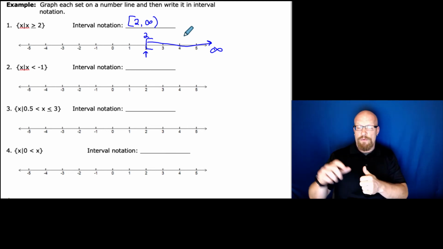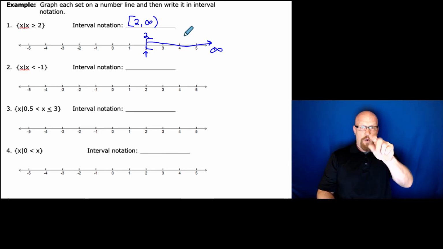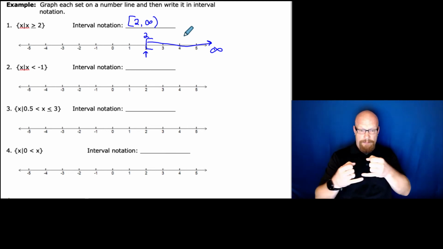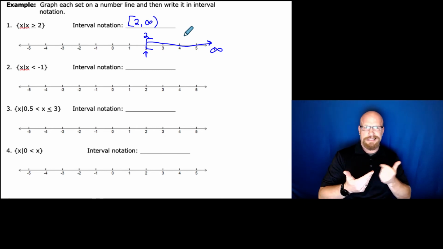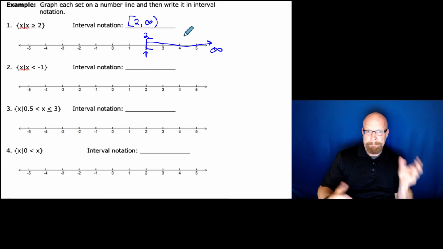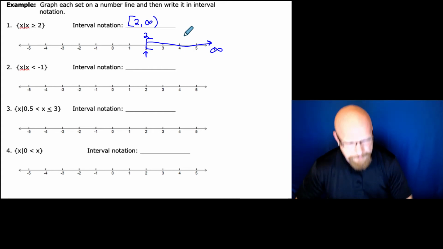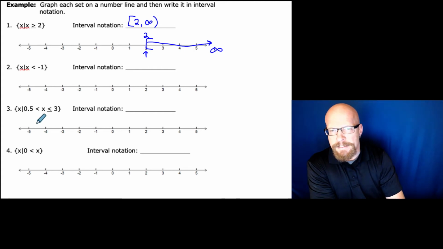So if you're using a number line, from the set notation to the number line, you graph it and put it there, and then when you go to interval notation, it becomes easy. You're just copying it from the graph, from the number line.